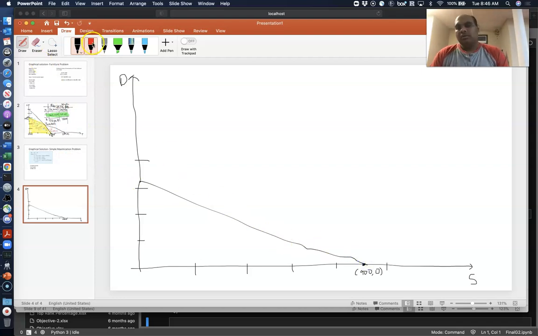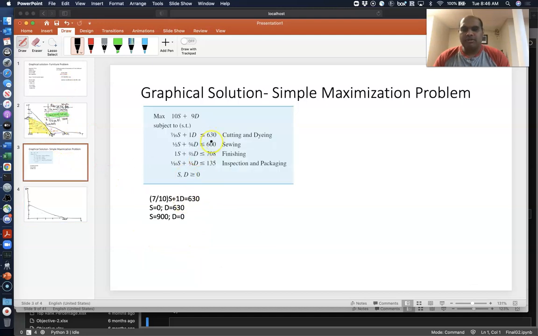Right? So that's my line. Again, using the same idea as before, I can say that if I take some number, so let's say that I take some number here. It doesn't have to be 0 comma 0. So let's say this point here. So there'll be 200, this point right here. So there'll be 200 comma 200. So if I plug in 200 comma 200 into the first inequality, I get 7/10 times 200, which is 140, plus 200, which is 340.